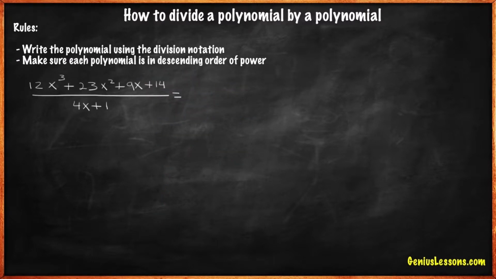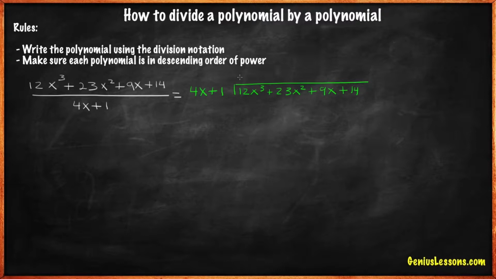12x cubed plus 23x squared plus 9x plus 14 divided by 4x plus 1. Let's write the polynomial using the division notation. Let's write the 4x plus 1 on the outside and 12x cubed plus 23x squared plus 9x plus 14 on the inside.